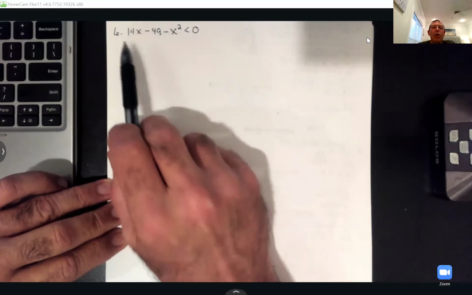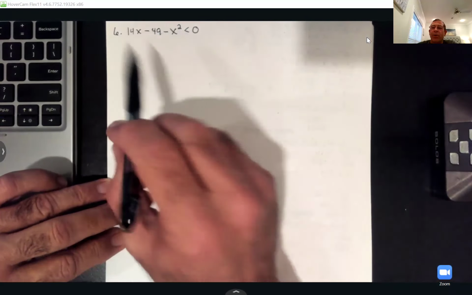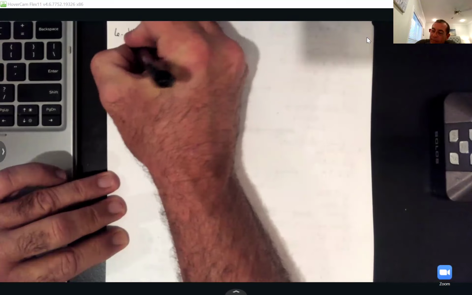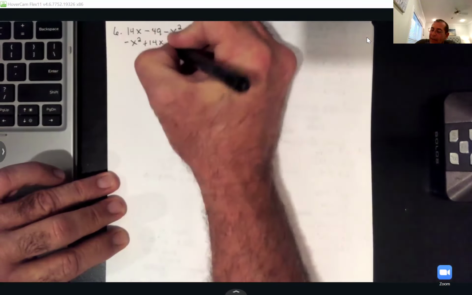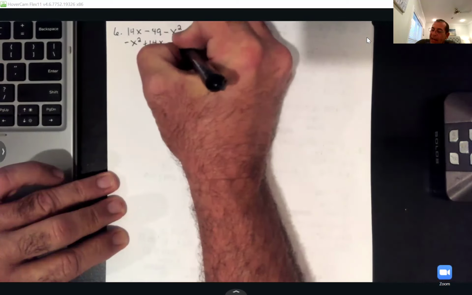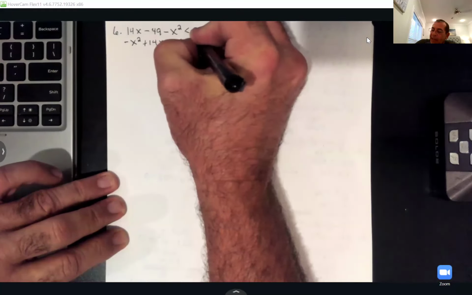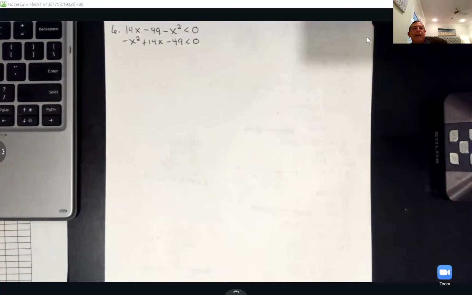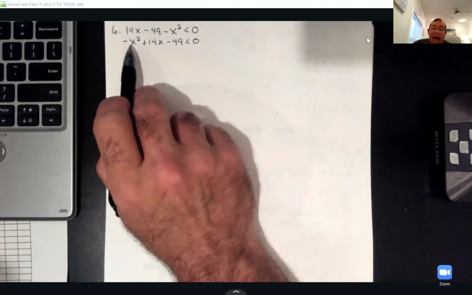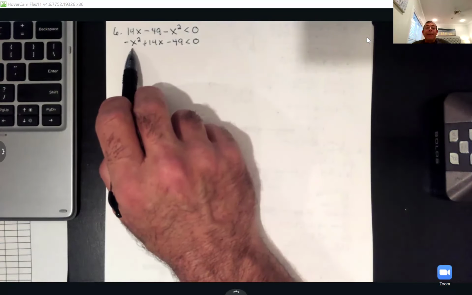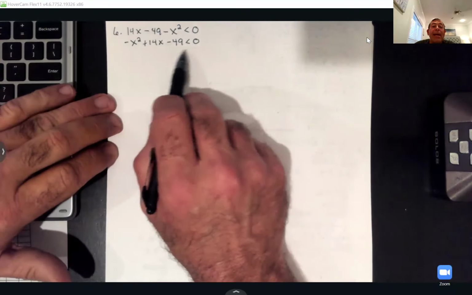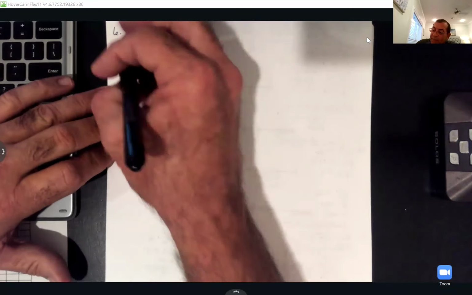So I'm going to put them in order by bringing that negative x squared to the front. And then my positive 14x. And then minus my 49 has to be less than 0. And if you remember, I don't like that x squared being negative. So we got to divide everybody by -1.